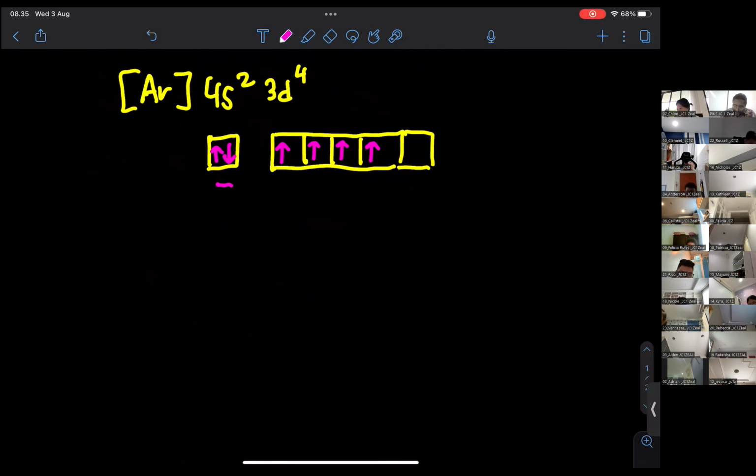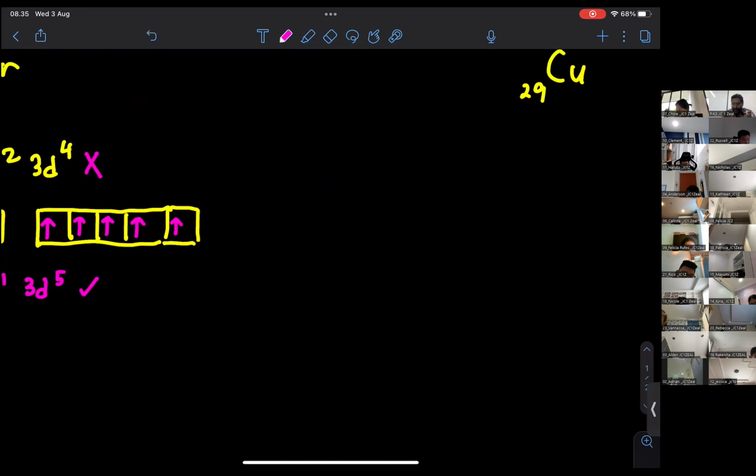So I erase this electron, because it now goes here. This is not the accurate way to write chromium. It should be Ar 4s1 3d5. This is the exception for chromium.